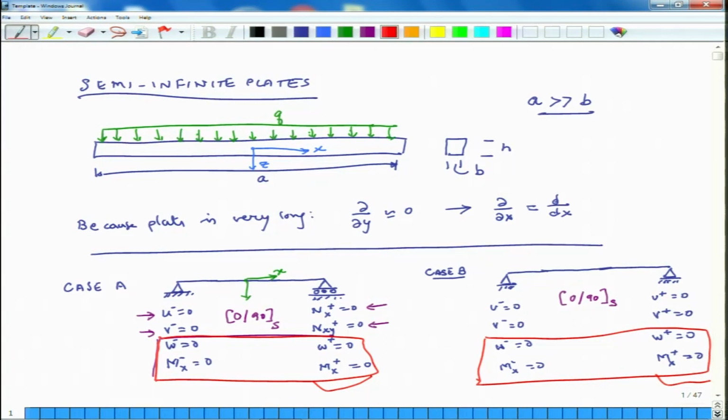Okay. Now when you look at the out of plane problem for case A and case B, you see that the out of plane boundary conditions are identical. W is 0 at both ends, and Mx is also 0 at both the ends. Also the lamination sequence is identical, and the length is identical.